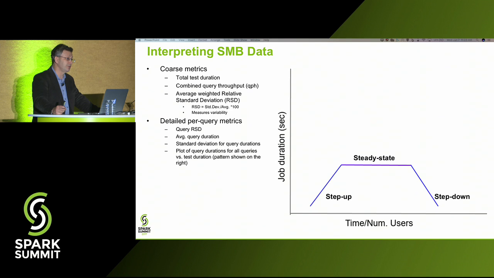And when all users are added and all the jobs run at full speed, you go into the steady state. And in the end, when they start to finish one by one, because we started them with offset, the duration of the jobs becomes shorter again, because you have more resources to run whatever is left. So that's basically how it's supposed to run in theory.